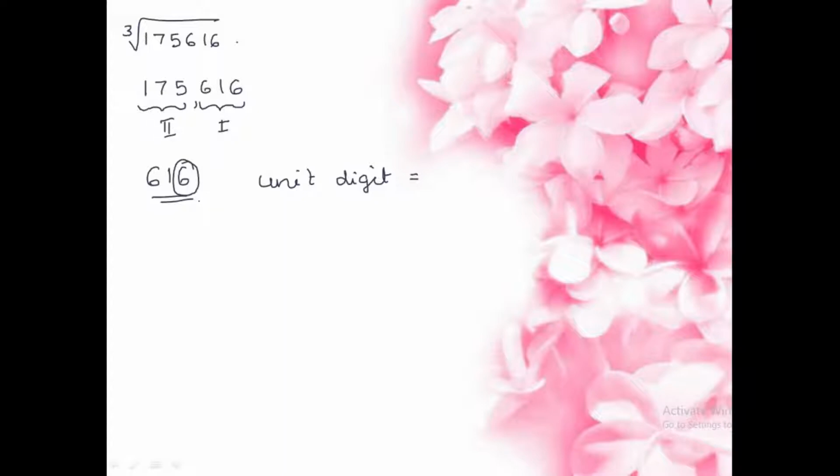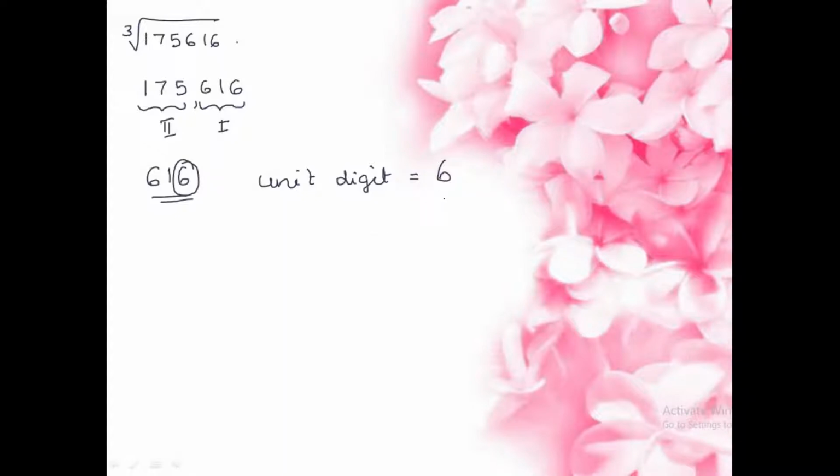And we have learned in the property that if 6 comes in the unit digit of the cube number, then clearly the unit digit of the cube root will be 6 itself. So we got the unit digit as 6.